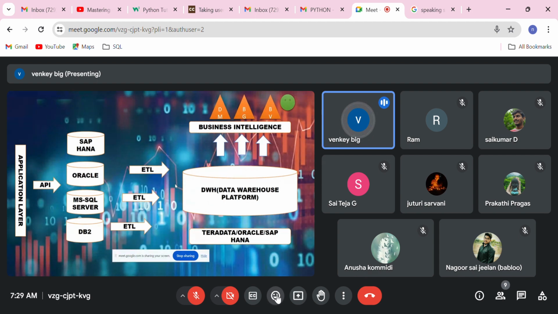Even a small general shop does some analysis: these many products got completed, these many got left, these products are not being sold, and customers are very interested in those products. Based on that, as business owners, we take decisions.